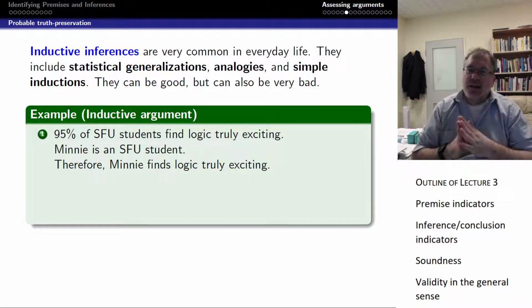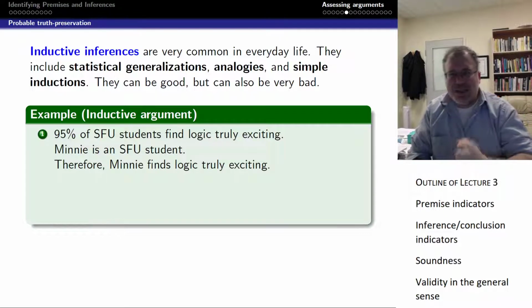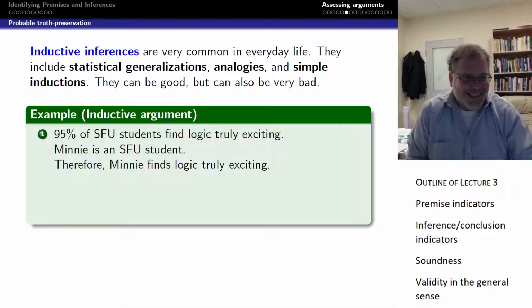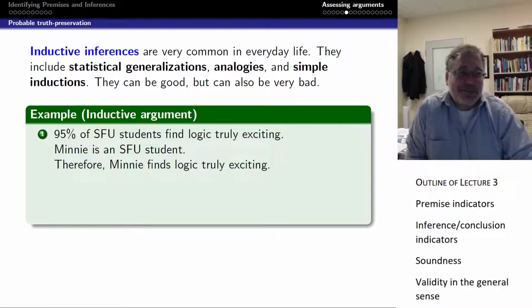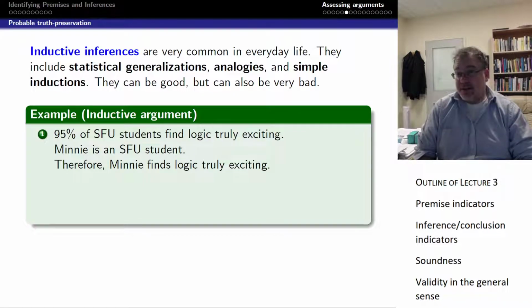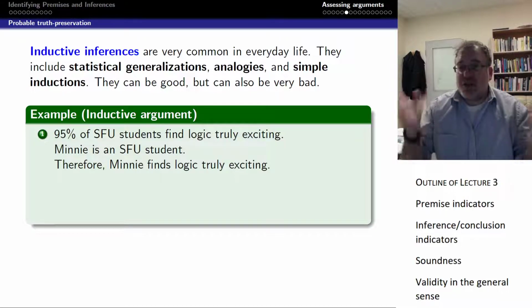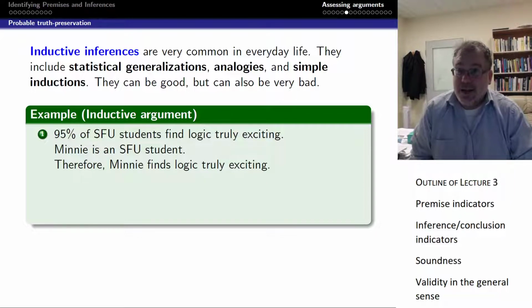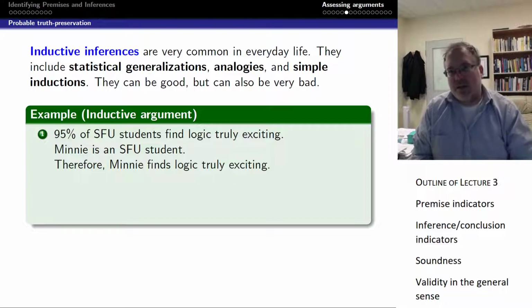Suppose I say 95% of students find logic truly exciting. We're going to be optimistic here. And secondly, I say Minnie is an SFU student, therefore Minnie finds logic truly exciting. Now, if Minnie is just chosen at random as a person, in the second premise, then probably the conclusion is fairly likely to follow, provided that the premises are true.